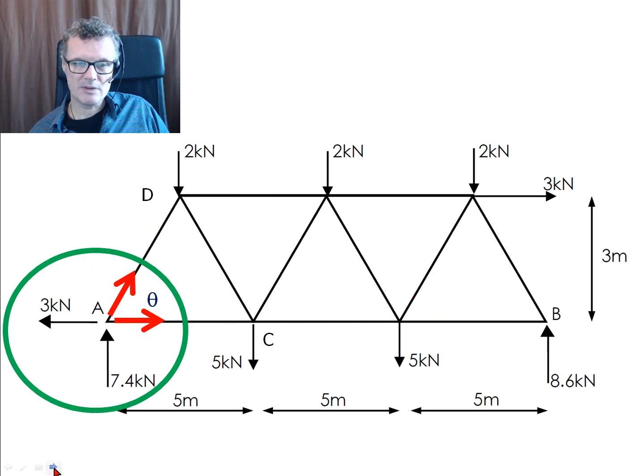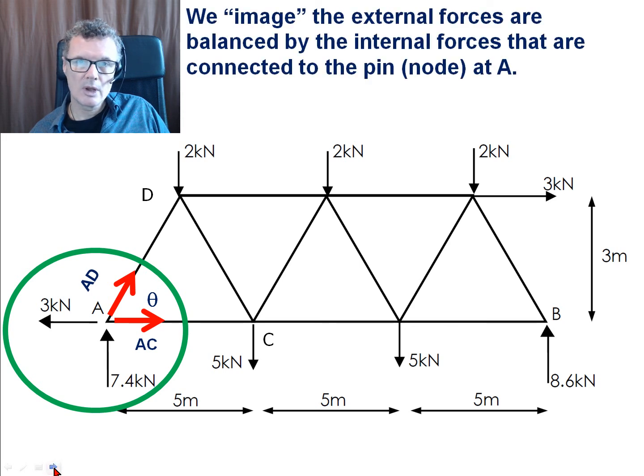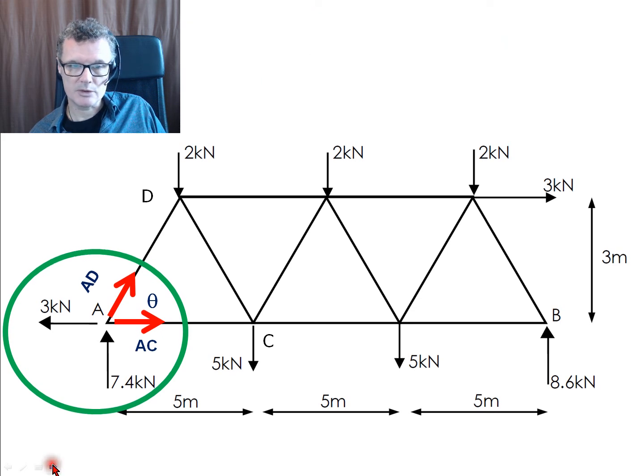The best thing to do is focus in on that joint, get rid of the rest of the framework, and draw yourself a nice diagram that just involves those two forces. We're going to imagine that the external forces, these reaction forces that we found previously, are going to balance those internal forces.